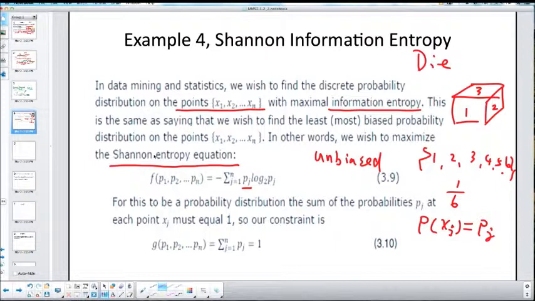For example, in this die, if it's really unbiased, the Pj all equal 1 over 6 for j equal 1, 2, 3, 4, 5, 6. That's unbiased. But if you find that the die is not like this, over time you might see somebody in the gambling is cheating.